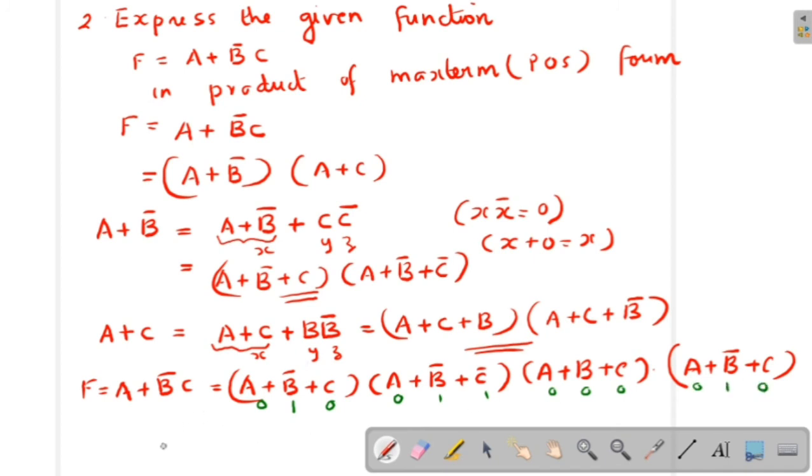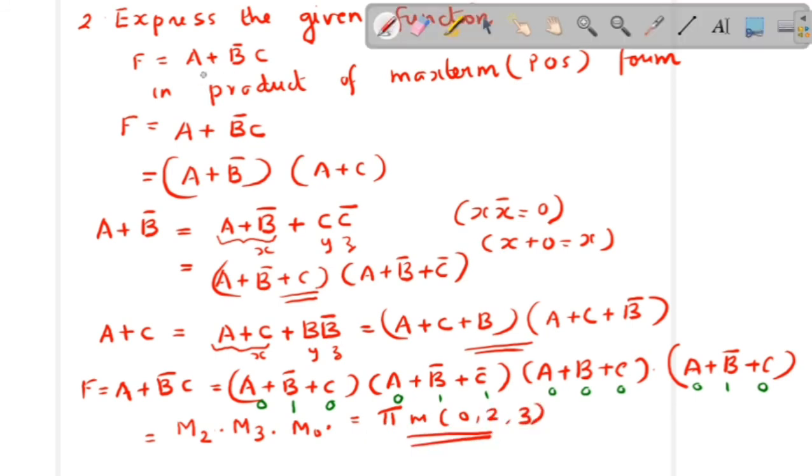So this can be written as m2 into m3 into m0 into again m2. Okay, so this is m0 into m2 into m3. That means this is equal to pi of m of 0 2 3.